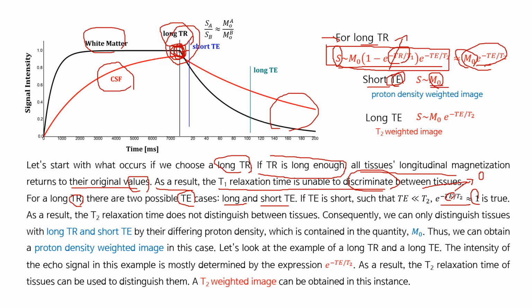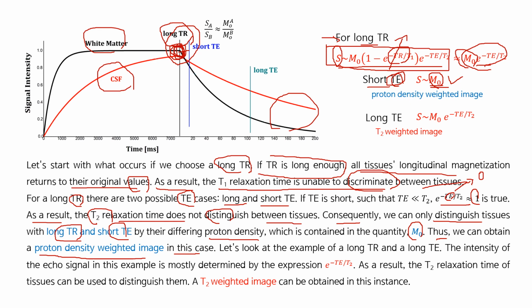Okay. As a result, T2 relaxation time does not distinguish between tissues for short TE. Consequently, we can only distinguish tissues with long TR and short TE by their differing proton density, which is contained in the quantity M0. Okay? Thus, we can obtain a proton density weighted image in this case. So, for long TR and short TE, we have the proton density weighted image.